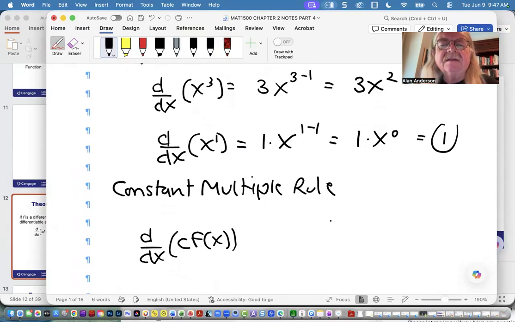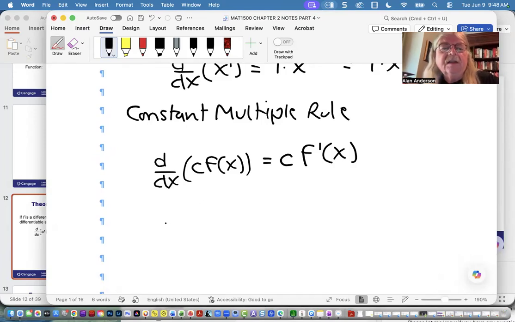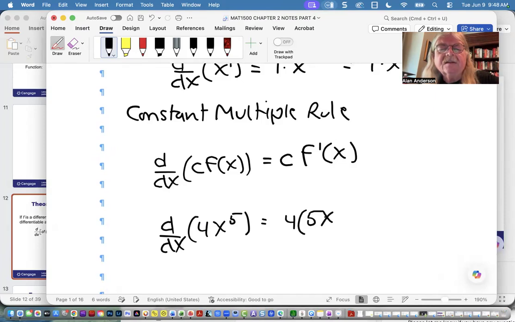So basically, whenever there's a constant, you can simply factor it out and then apply whatever rules are appropriate. So here you would have c times f prime of x using whatever rule we happen to need. And so you can see how this would extend our ability to do the power rule because if you have something like this, the 4 stays on the outside, then you have 5x to the 5 minus 1 using the power rule. And that would be our final result.